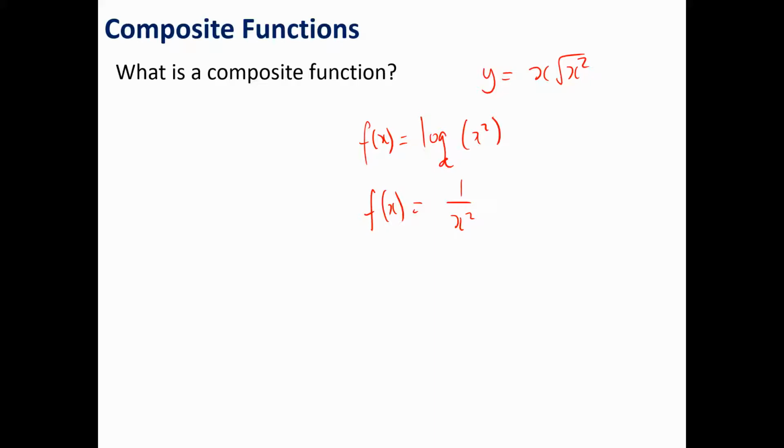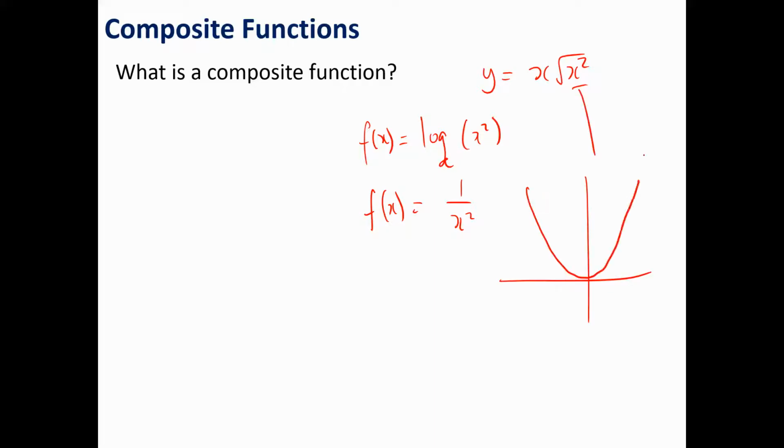Okay? And remember, this all falls under the condition for a composite function to work. We're looking at the range of the function having to be a subset of the domain. And that one works. You see, if I drew an x squared graph, this is what it looks like.